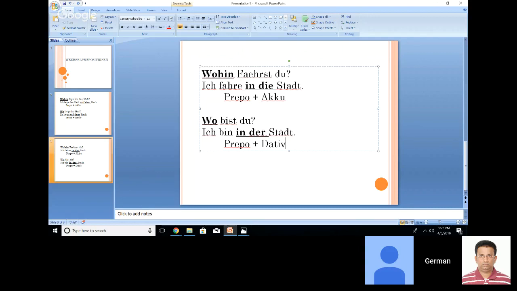That's why die Stadt is turned into der Stadt, because in is treated as a dative preposition in this case. In the other case, in is treated as an accusative preposition. Wechsel prepositions are not restricted to any case. They can be either accusative or dative.